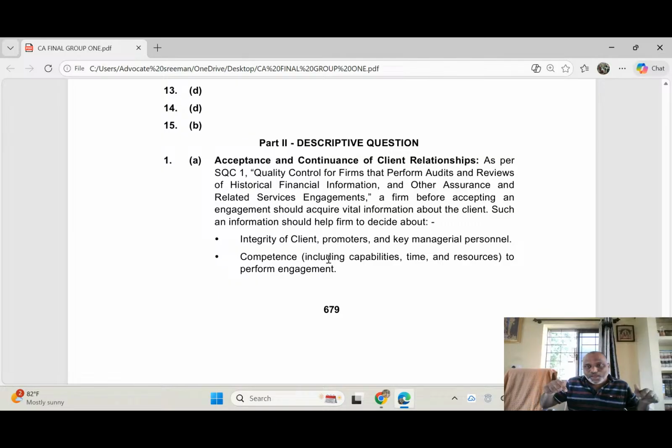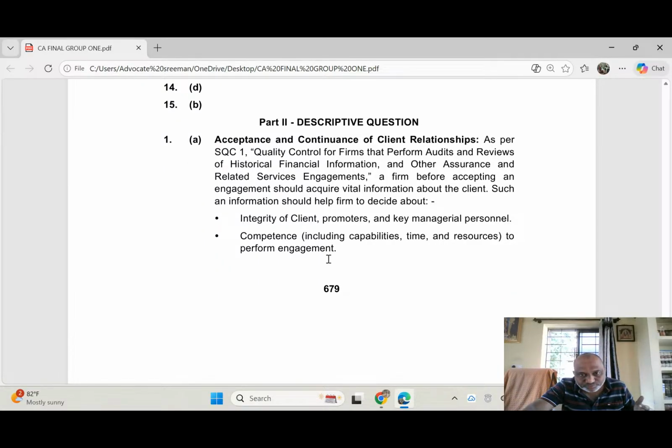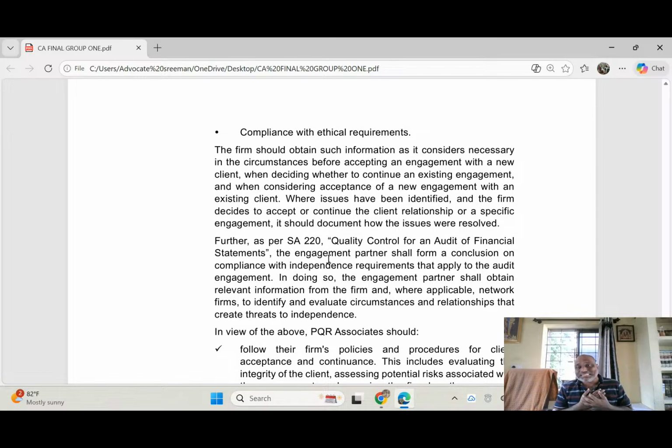A firm, before accepting an engagement, should acquire vital information about the client. Such information should help the firm to decide about the integrity of the client, promoters and key managerial personnel, competence including the capabilities, time and resources to perform the engagement, and compliance with ethical requirements.